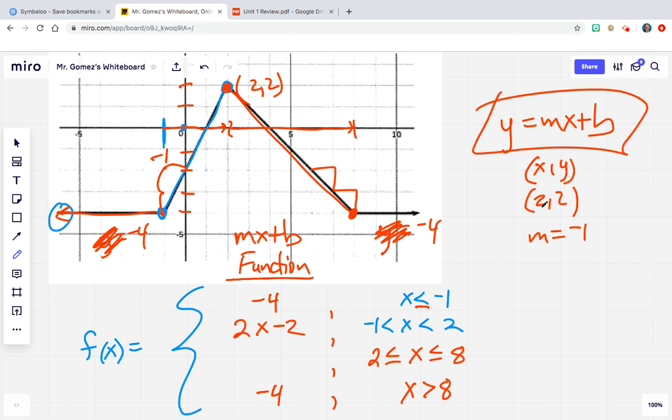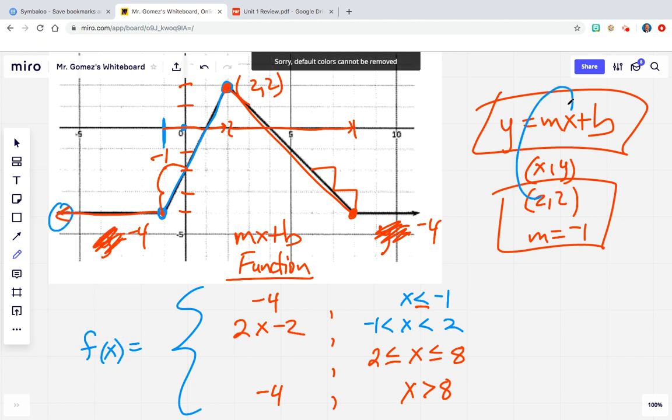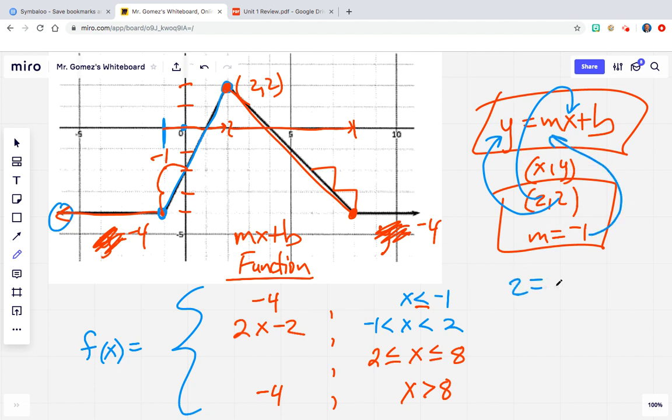I'm going to use this equation and these two pieces by putting in this x value here, this y value here, and this slope value here. So that I have 2 is equal to -1 times 2, and then plus b. My goal is to find b. So I have -2, 2 plus b.